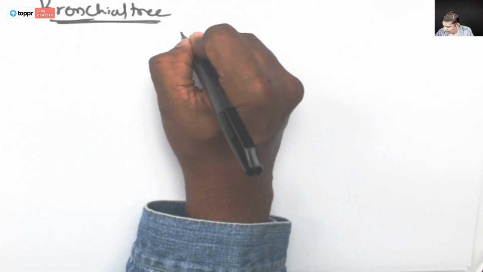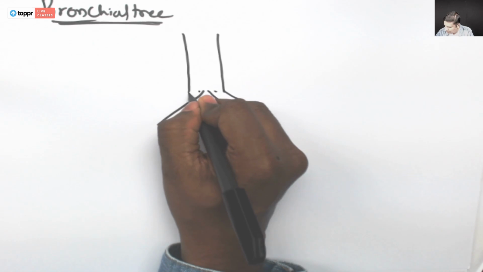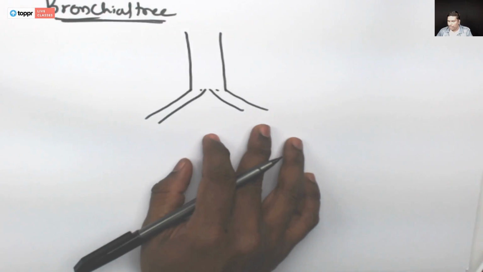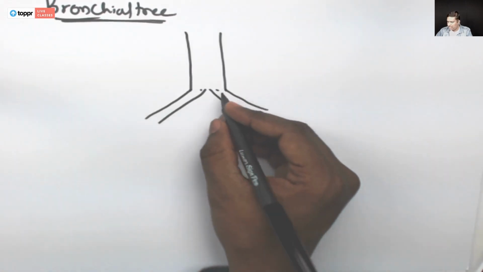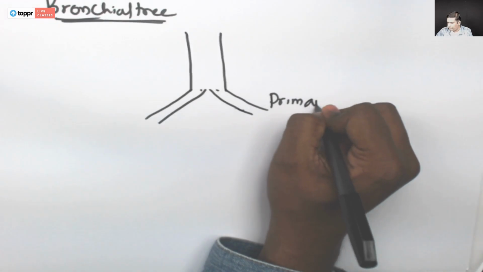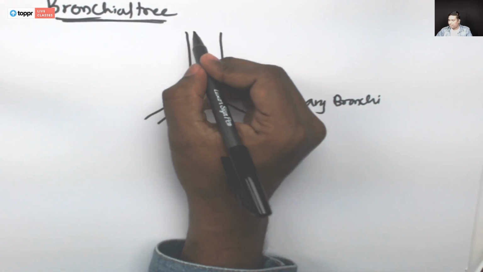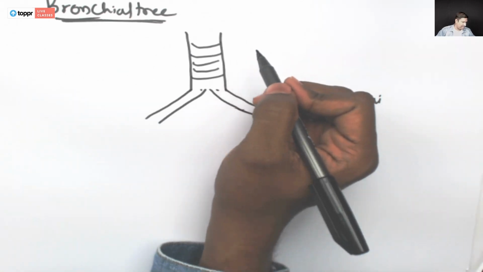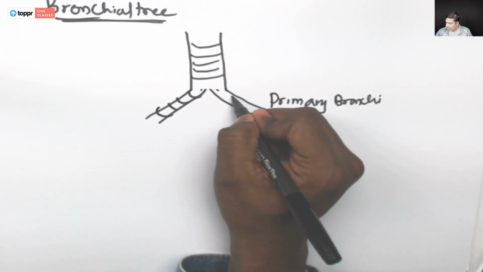Basically your trachea is coming like this, and it splits into two halves. Each branch goes into one particular lung. These initial branches are bigger, and these are called the primary bronchi. Just like the trachea, which has cartilaginous rings, the bronchi also have cartilaginous rings.